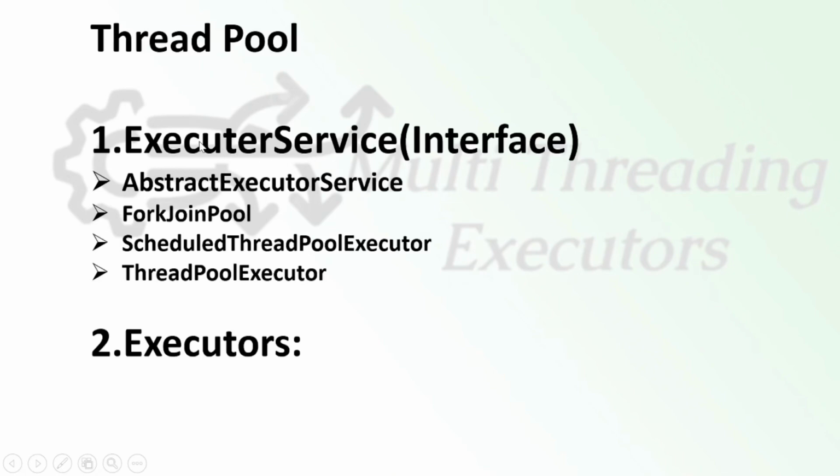So this is the ExecutorService interface, and it has some implementation classes here, right? And Executors is another class. We'll use these interfaces and classes to create a thread pool and submit our task to it, right? So let's see how that program is written.